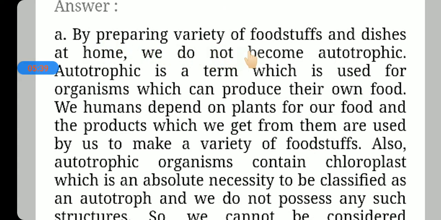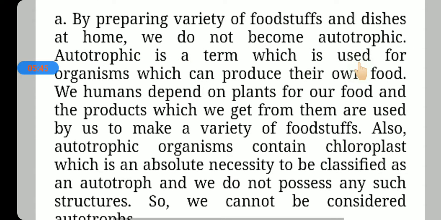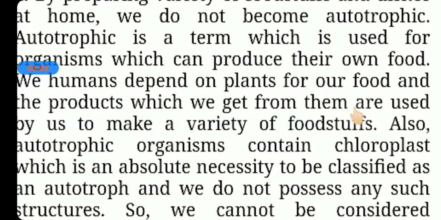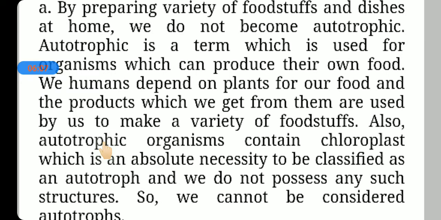By preparing a variety of foodstuff and dishes at home, we do not become autotrophs. Why? Because autotrophic is a term which is used for organisms which can produce their own food. We humans depend on the plants for our food, and the products which we get from them are used by us to make the variety of foodstuff.